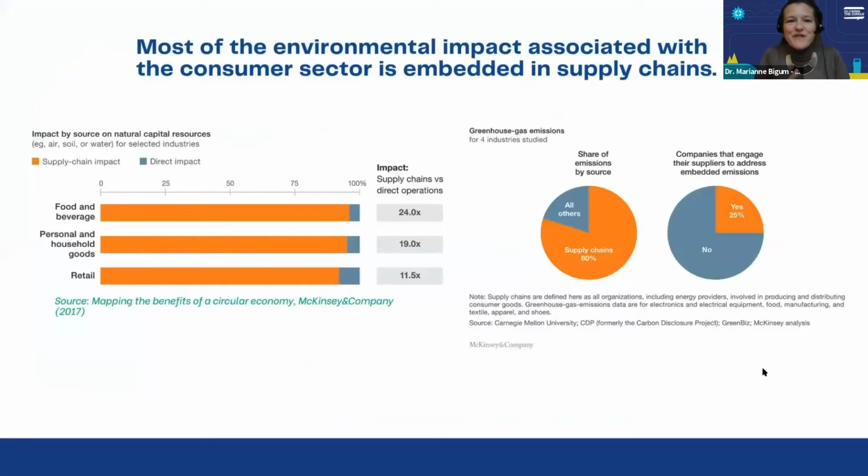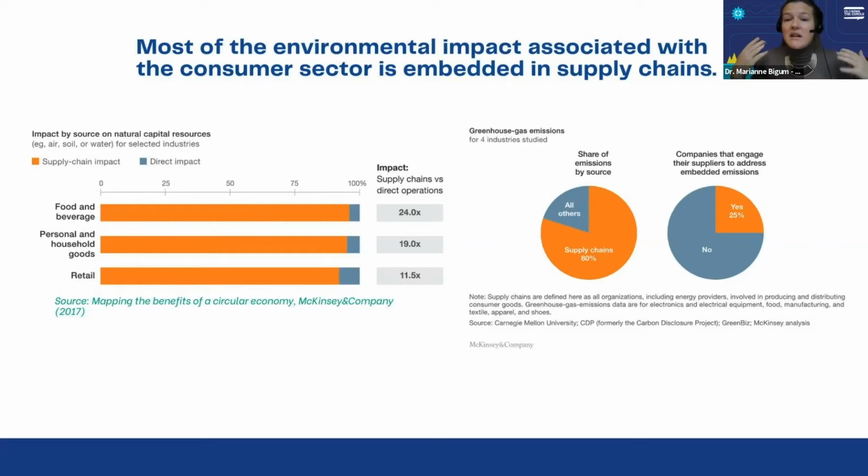So this is a really good figure. I know it's a lot of detail, but to the left, you can see the impacts by source on natural and capital resources. The orange is the supply chain impact, and the blue is the direct impact. Looking at the sources, food and beverage, personal and household goods, and retail as an example, what is very, very clear is that the impacts really take place in the supply chain, not in the direct impact.